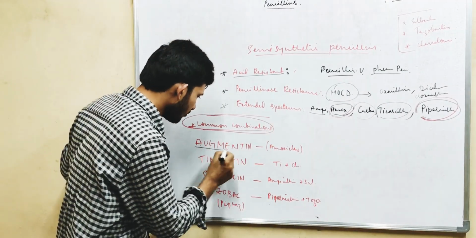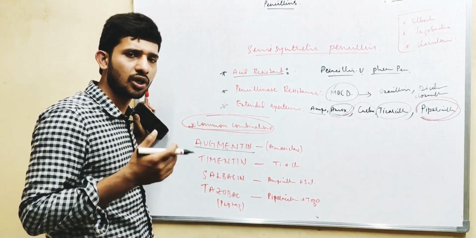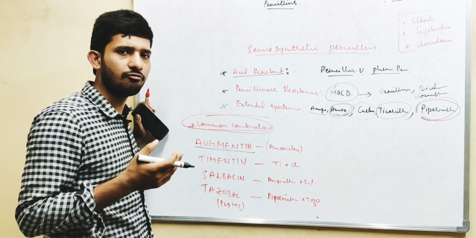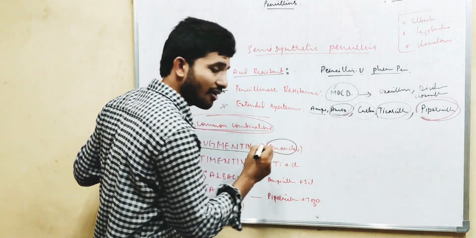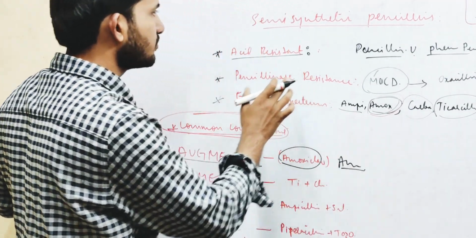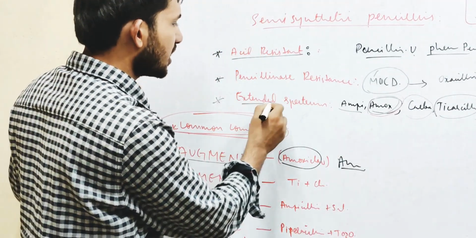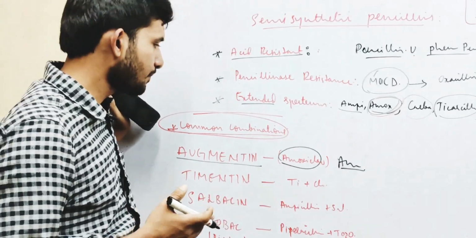So remember, there is a drug called Augmentin. Augmentin is formulated in oral form, IV form, IM form, okay? Because Augmentin contains amoxicillin and clavulanic acid. Amoxicillin comes in the classification of extended spectrum and clavulanic acid is a beta lactamase inhibitor, okay?